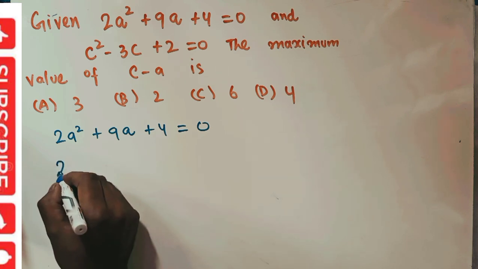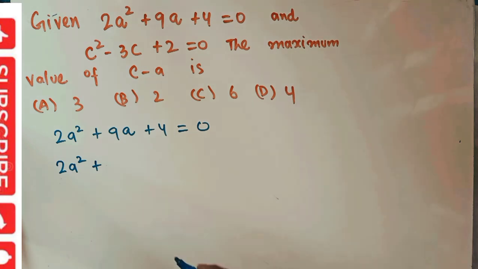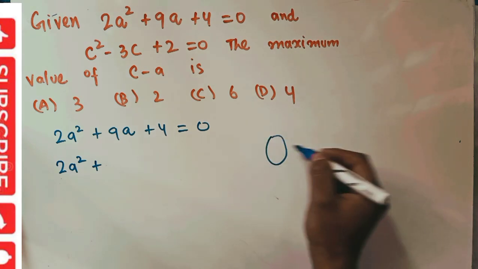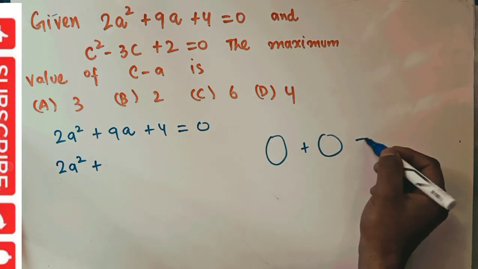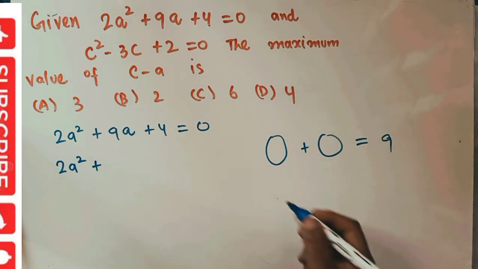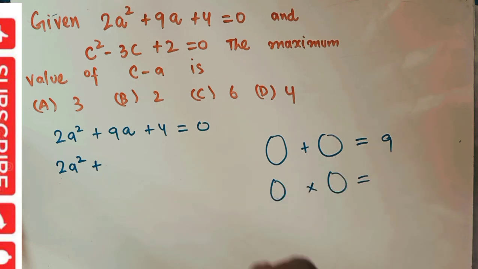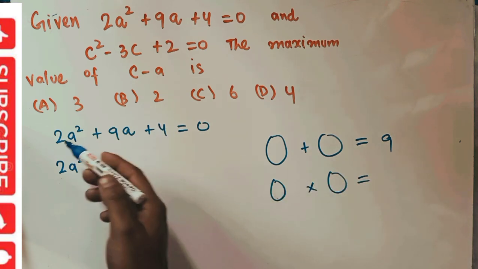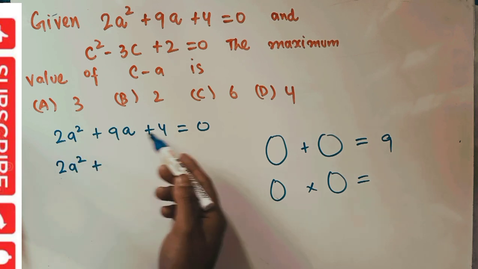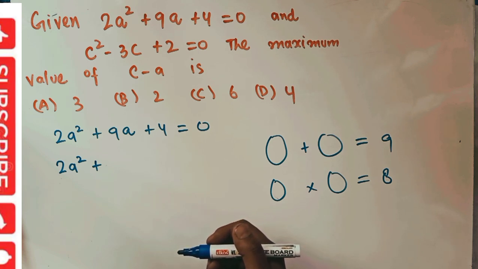We need two numbers whose sum is equal to the coefficient of the middle term, which is 9, and whose product is equal to the constant term times the coefficient of a², that is 4 twos are 8.